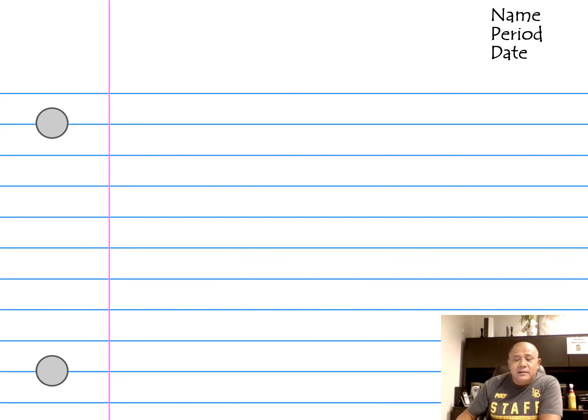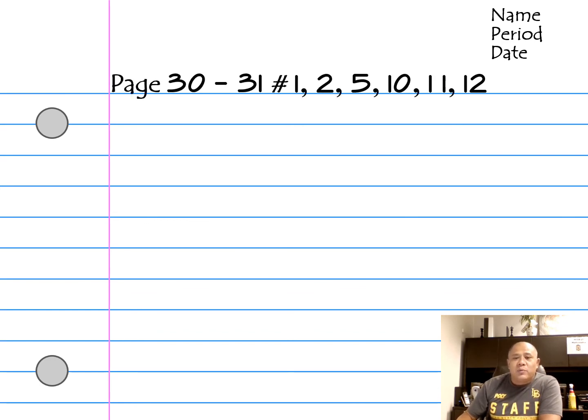Okay, so it's going to be page 30 to 31, numbers 1, 2, 5, 10, 11, and 12. So I will be posting this on Canvas, and you could turn it in on Canvas.